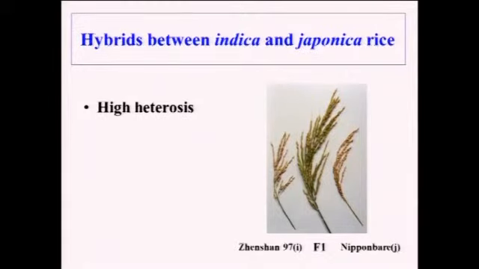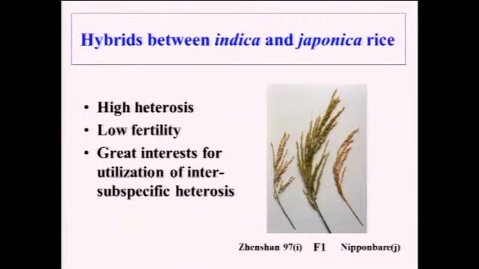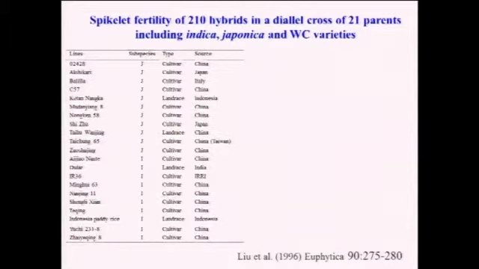So we see very high heterosis, but very low fertility. If you look at this very carefully, you see green ones and yellow ones. The yellow ones are filled grains, and the green ones are empty spikelets. Very low fertility, and there is great interest in utilizing intersubspecific heterosis. And then we have problems.